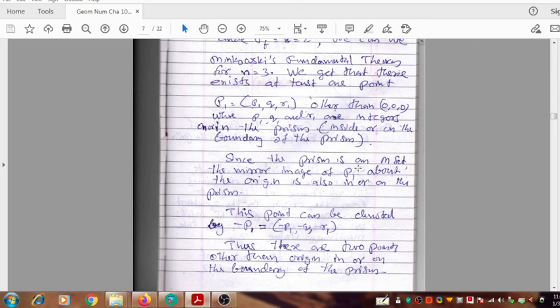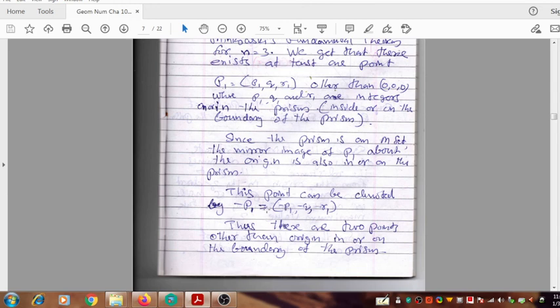For convenience it can be written as minus P1, and its coordinates, compared with the coordinates of the point P1, can be written as minus P1, minus Q1 and minus R1.